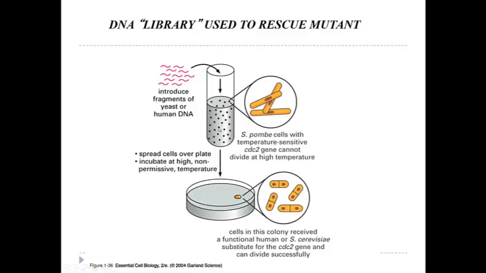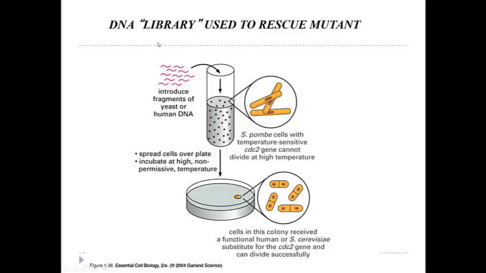Even though it's the same type of organism, it's a different genus and species of yeast. So we're introducing basically foreign DNA into the S. pombe. And if we find that we can get growth at the non-permissive temperature, then we know that the S. pombe have acquired a functional form of the CDC2 gene.